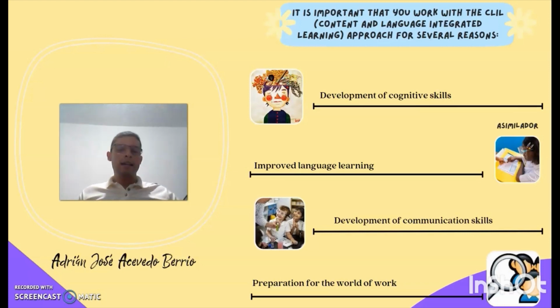As in the example I gave you before, if a student wants to communicate a doubt or an inquiry or say an utterance, the student will need to use the foreign language which is used in the class, and at the same time use the content which is taught in the class.